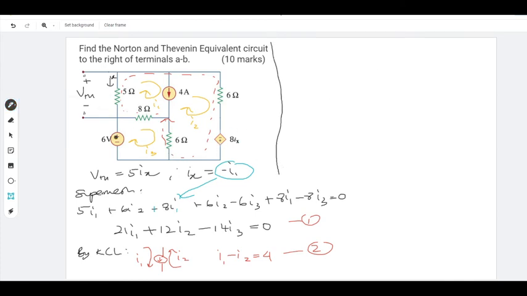Alright, next one, mesh 3. We have 3 unknown variables, actually 4, but we have to have at least 4 equations. So mesh number 3 is the last one. I'm going to start with this, minus 6 plus 8 I3 minus I1 plus 6 I3 minus I1 equals to 0.